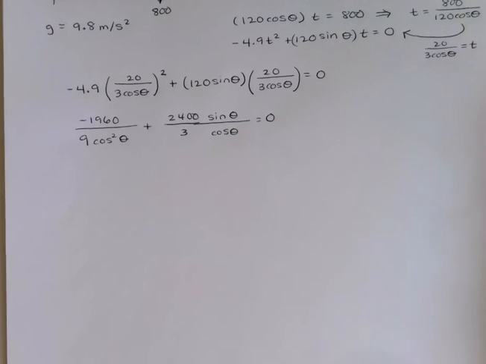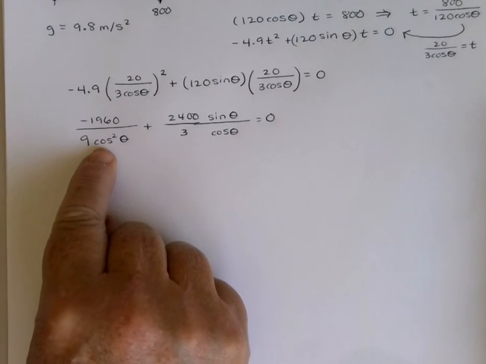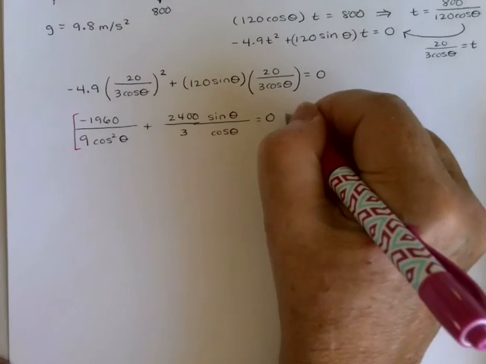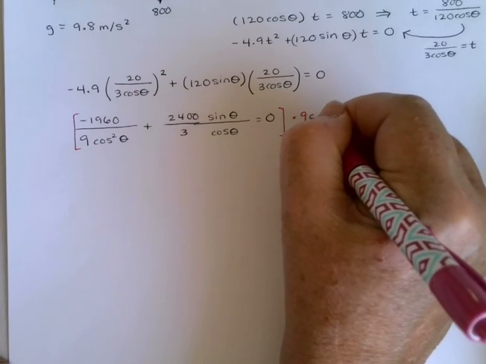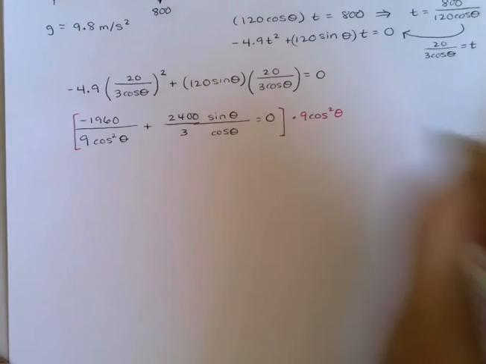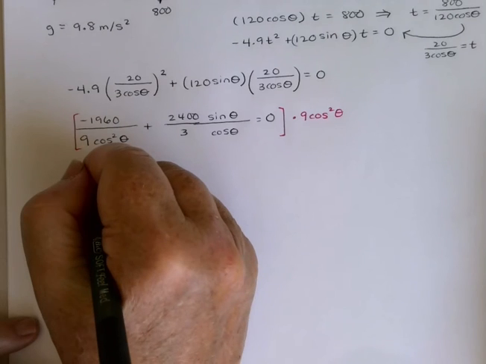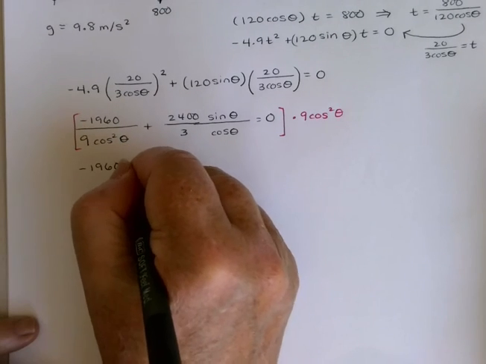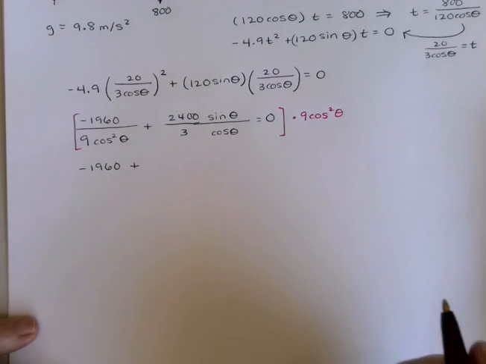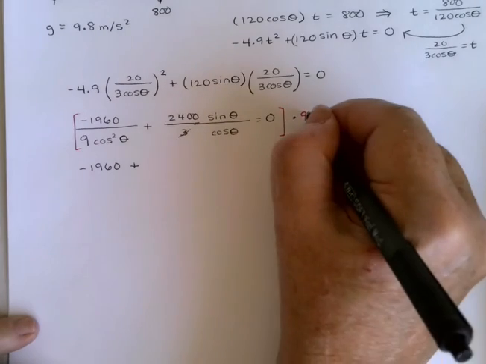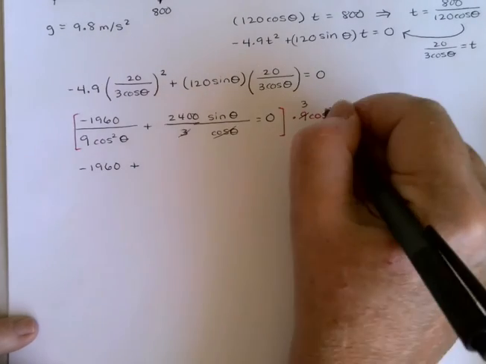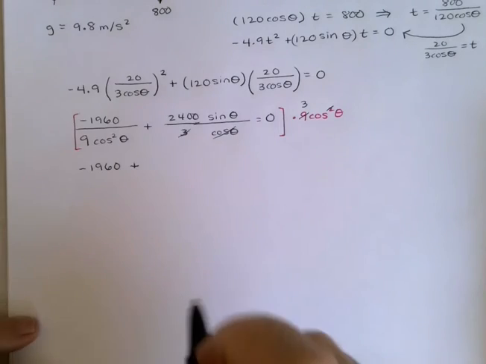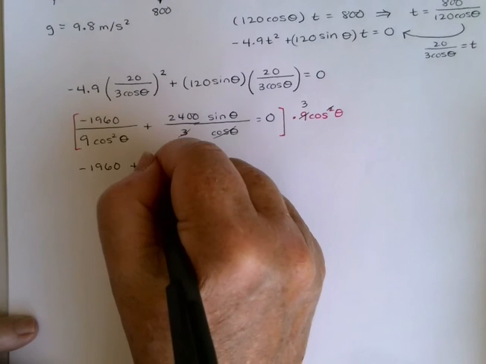So let's go ahead and multiply everything through by this denominator, this 9 cos squared theta. Both sides. And that's going to give me negative 1960 plus, let's see, over here 3 would go into 9 3 times, and one of those cosines will cancel. So I'll get 7200 sine theta cos theta.